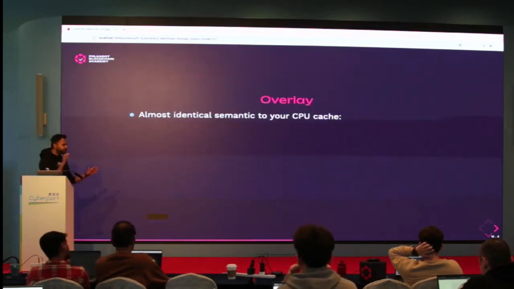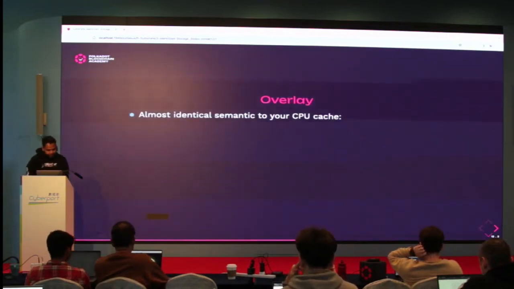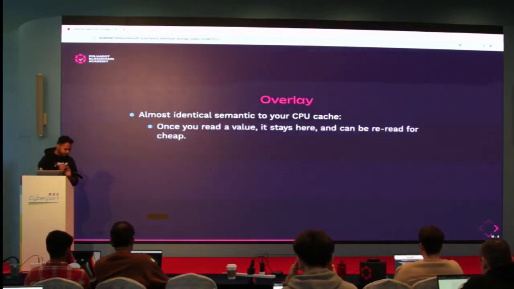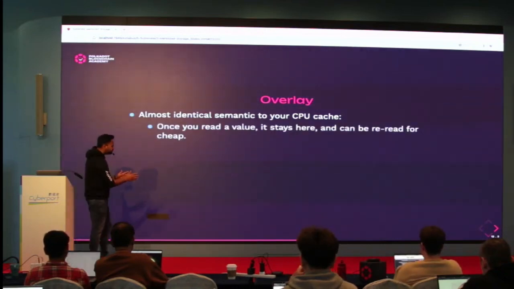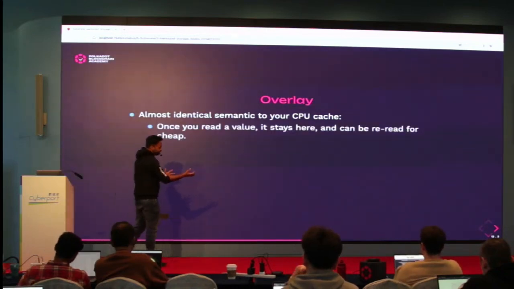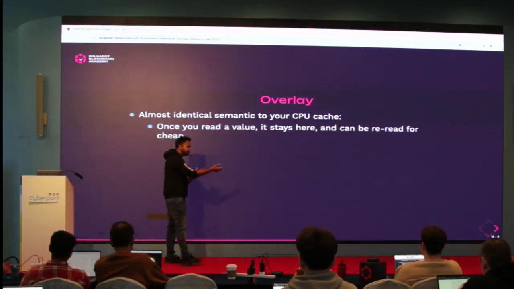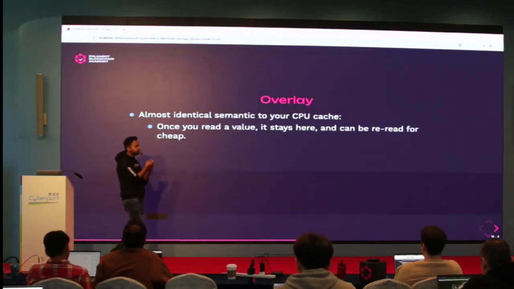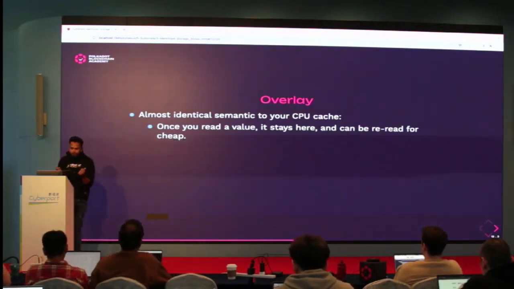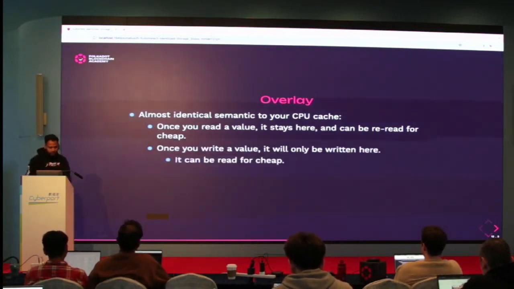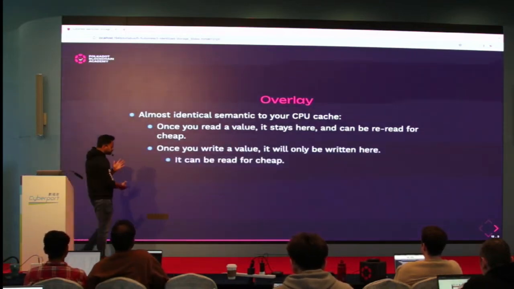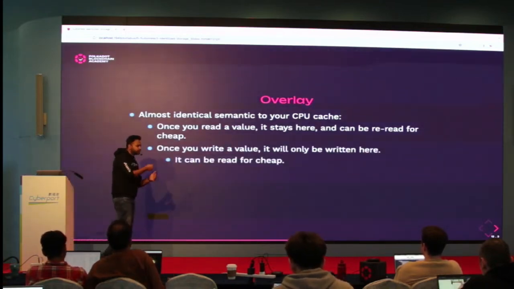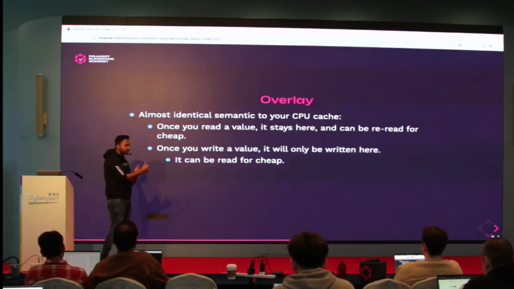It works similarly to most of the CPU caches that you have seen. If you read something that does not exist, it caches it. Next time you read it, it stays there, so you don't have to go to the database. You just read it from the memory. So it's cheaper. You write a value, it's written there, and it can be read from there only as long as it stays in the cache.